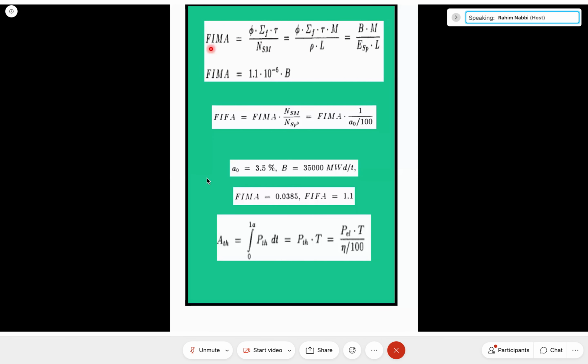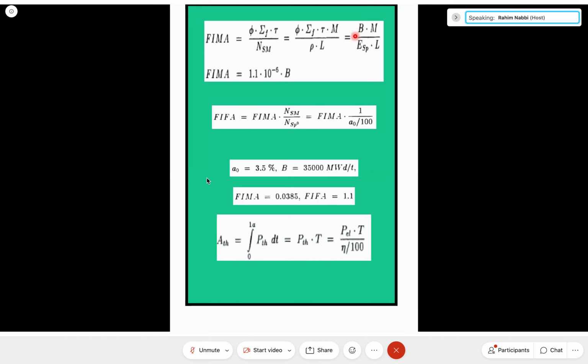that means fission per initial metal atom, and burn up, the unit megawatt day per tons, or megawatt second per gram. That is only the conversion factor between them.